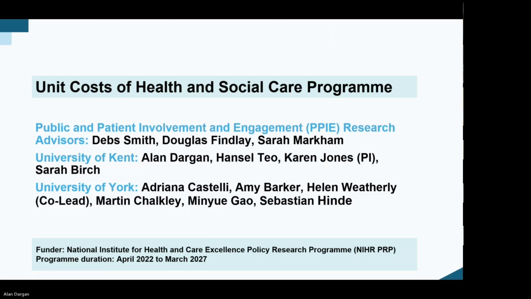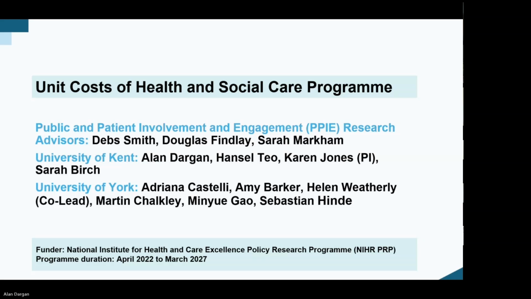Well, this reflects the current team, the names on this slide, but most of the people included on this slide were actually involved in the initial bid. So in about 2021, the NIHR, that's the National Institute for Health and Care Research, which is a major funding body funded by the Department of Health and Social Care, issued a competitive funding call for researchers and groups to submit applications to run a 5-year programme on the unit cost of health and social care.